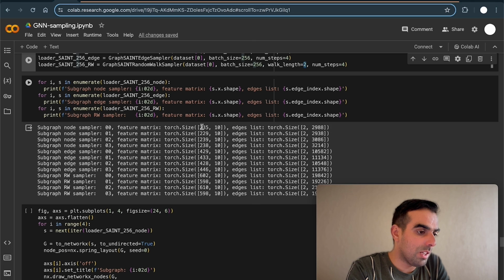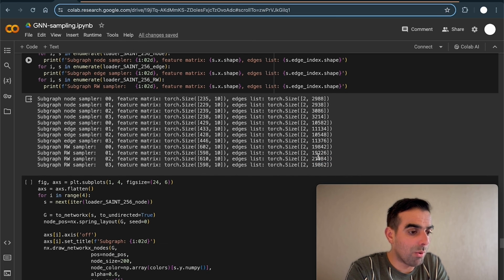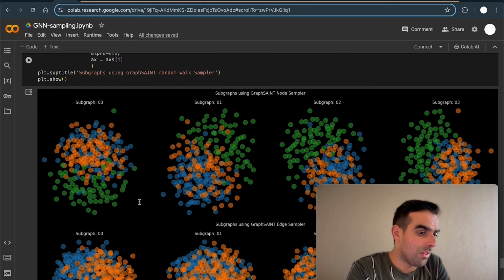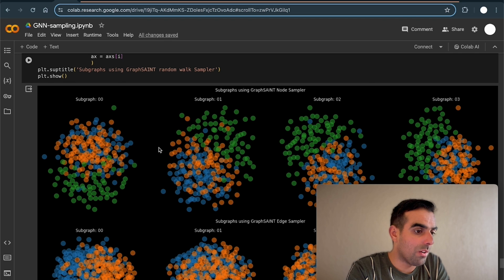You can notice that the node sampler has the least number of nodes, and the edge sampler and random walk sampler have more nodes in them, and they also have more edges in them. So let's plot these 4 graphs. These are sampled by the node sampler.